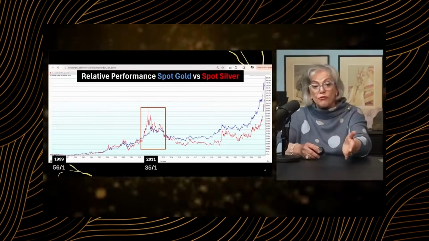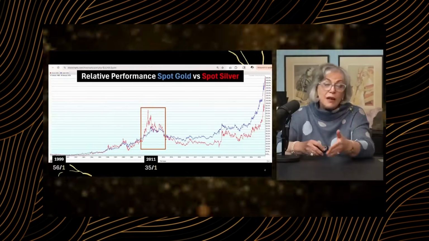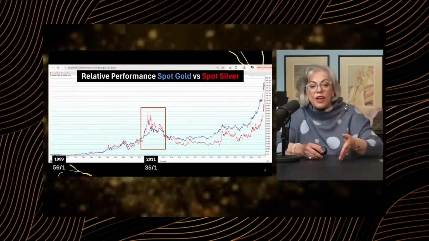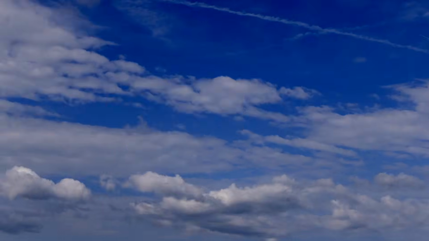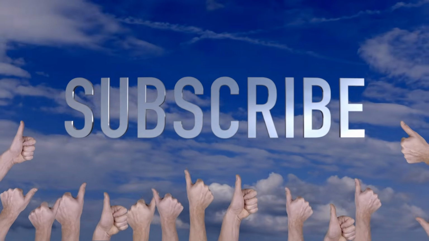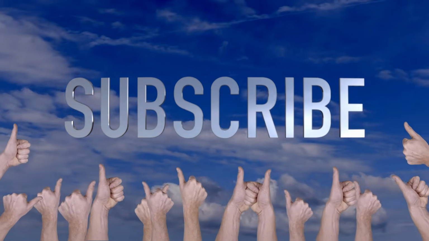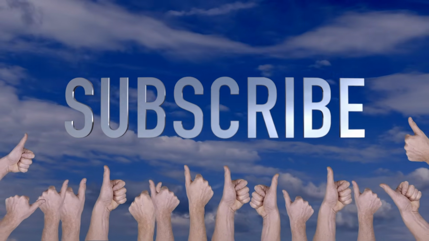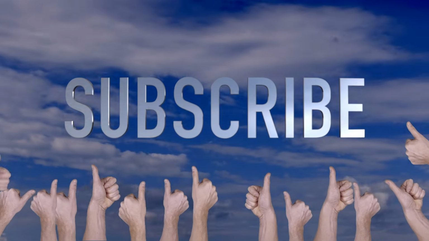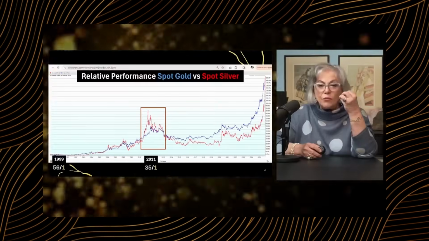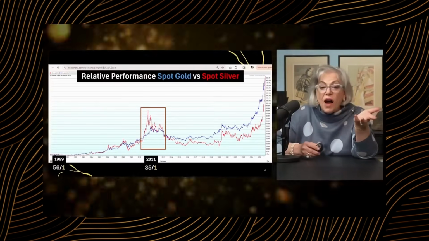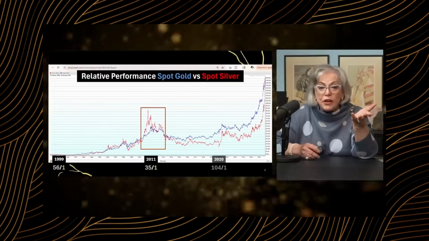So the financial crisis became apparent to everybody in 2008. It was happening before that, but the public couldn't see it. So there was a flight to safety, and you can see that spot silver reacted more than spot gold did during that period of time.